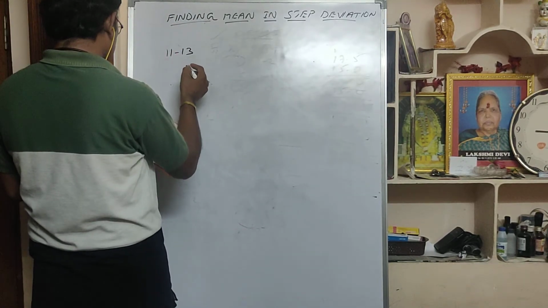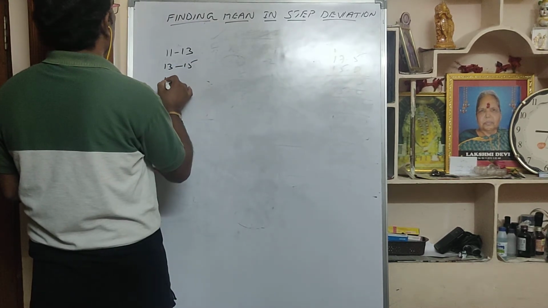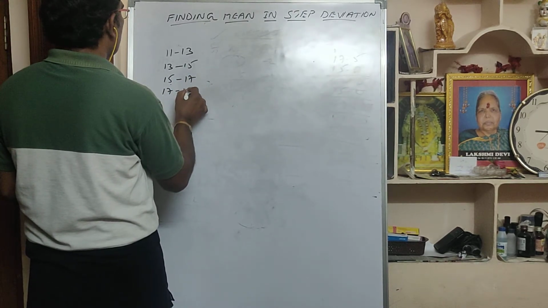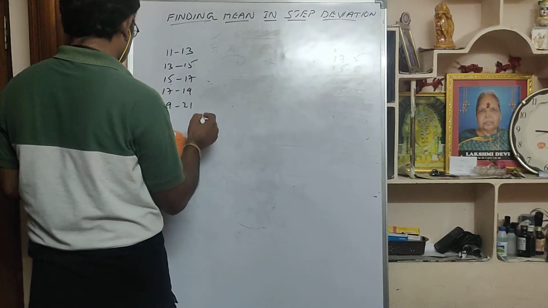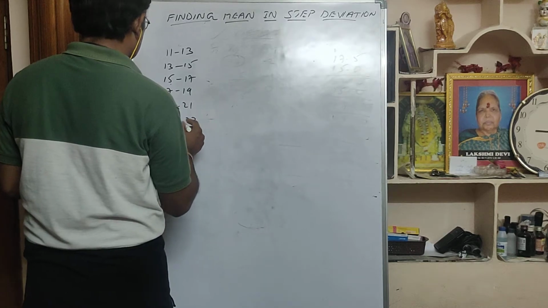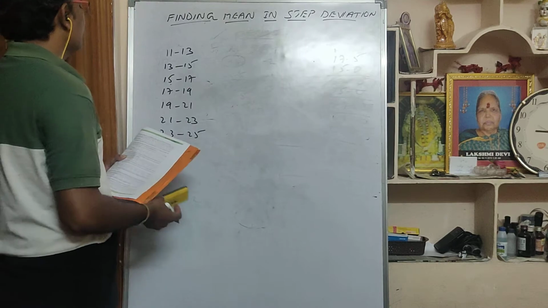Classes: 11 to 13, 13 to 15, 15 to 17, 17 to 19, 19 to 21, 21 to 23, 23 to 25. Okay.